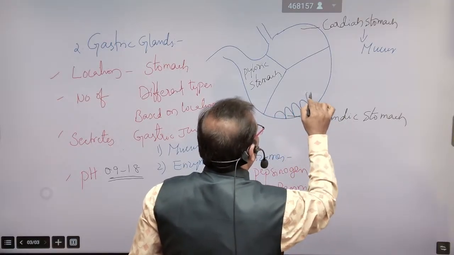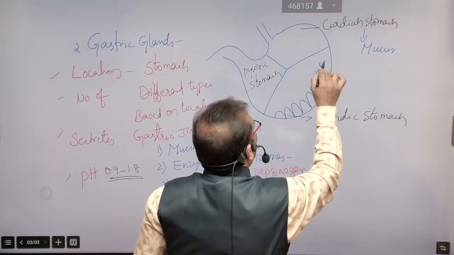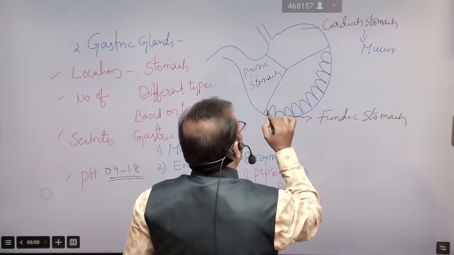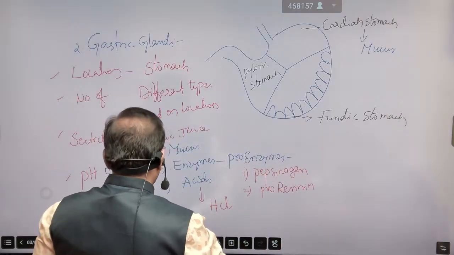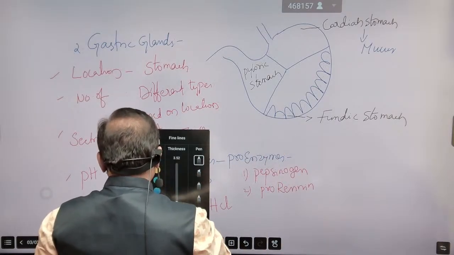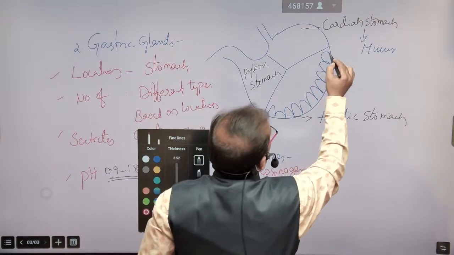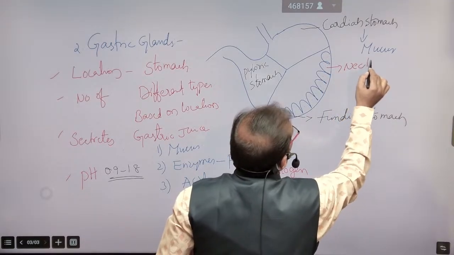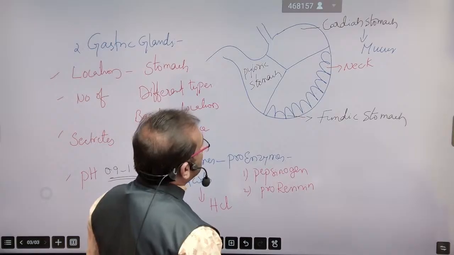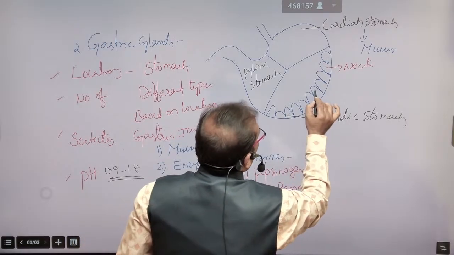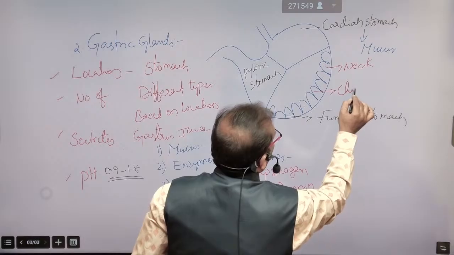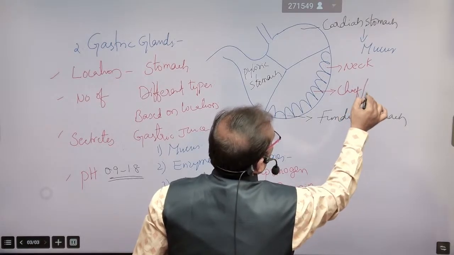In the fundic stomach, different types of cells are there. Some cells are known as neck cells, and the most important cells are called chief cells. Chief cells are also called peptic cells.